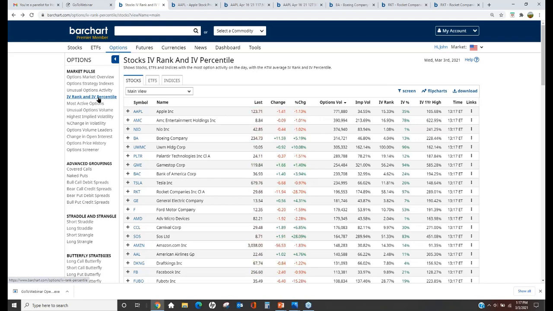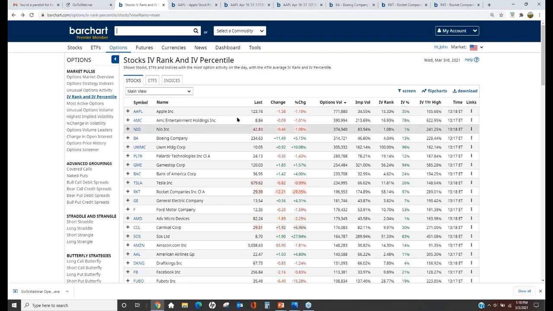Across the top, it'll tell you how much the price of the underlying has changed for the day, how much options volume, what your implied volatility is at the money, what your rank is, we talked about that, and what your implied volatility percentage is, and then what the high is over the last year.